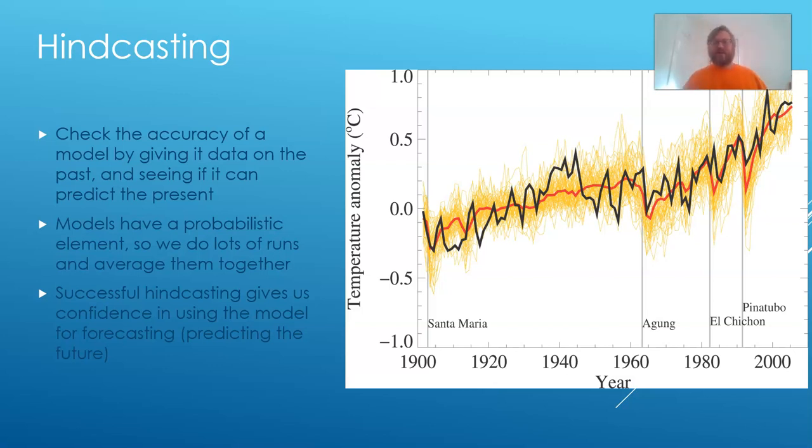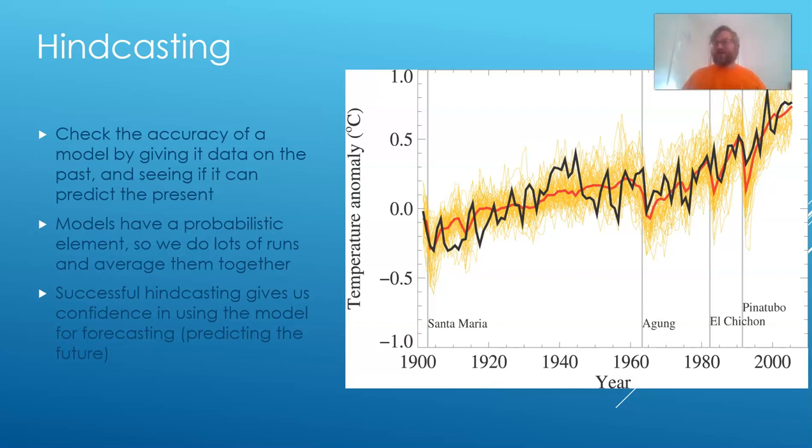How do we know that what this model produces is real, is accurate, is telling us something worthwhile about our Earth? Well, one thing we can do to test the accuracy of models is what's called hindcasting. So hindcasting means we're going to check the accuracy of a model by giving it starting data from some point in the past and seeing if it can accurately predict the present.